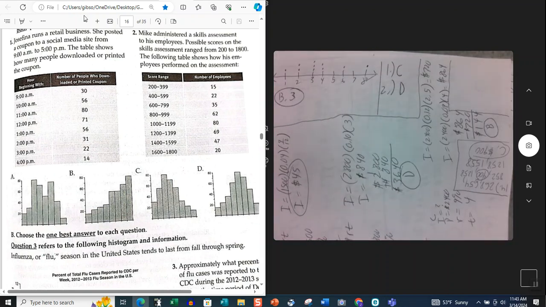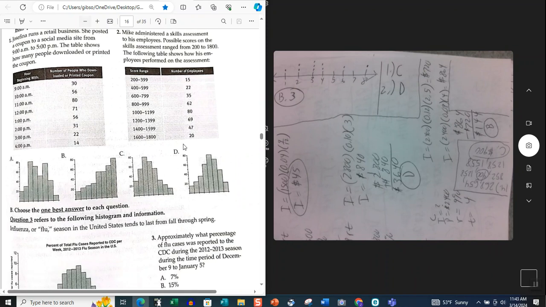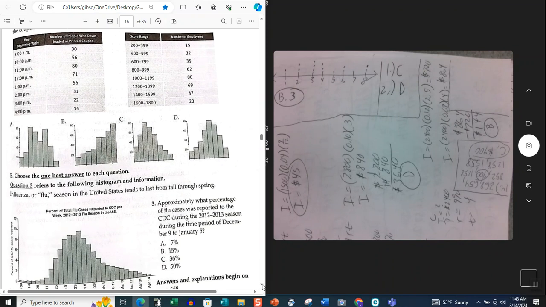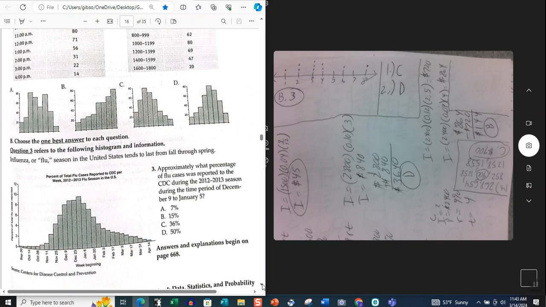Now we move down to problems 3 and 4. Problem 3 says choose the one best answer to each question. Question 3 refers to the following histogram and information. Influenza, or flu season, in the United States tends to last from fall through spring.